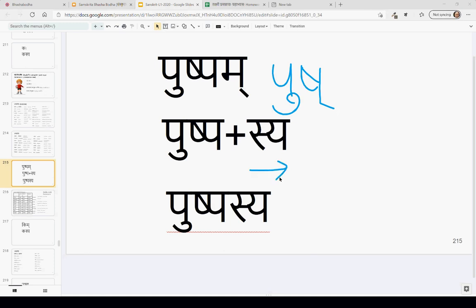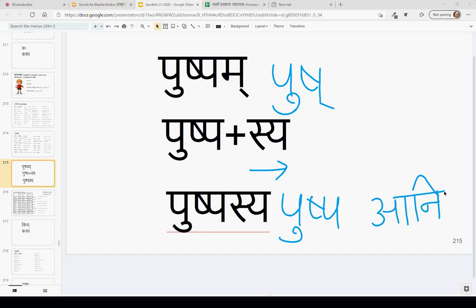And for the bahuvachanam, we are coming with pushpani. Ani is coming as a suffix in the bahuvachanam, right?